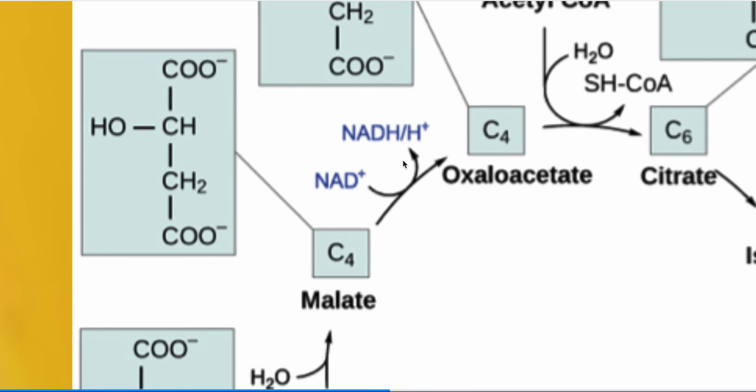So if you look at this whole thing, we harvest 1, 2, 3, 4 pairs of electrons. So 3 go onto NADH, 1 pair goes onto FADH2, and we also make a GTP. And remember, because we started with a glucose back in glycolysis, we chopped that into 2 3-carbon compounds.